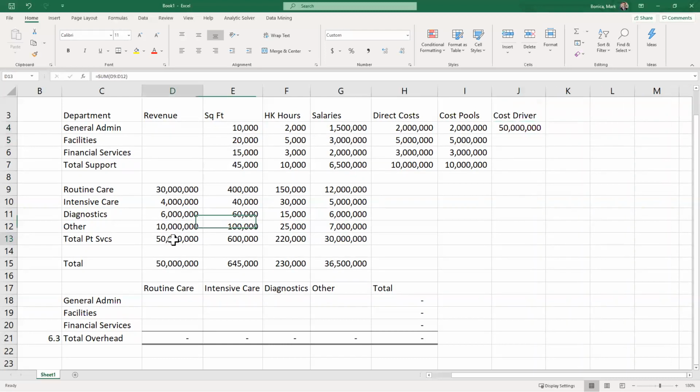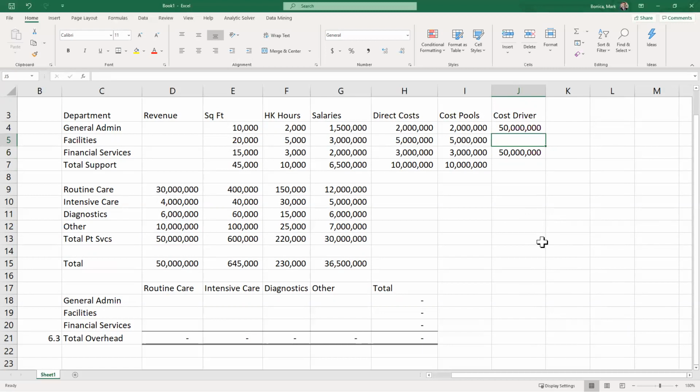I'm using all patient service revenue, the total of all of the revenues from all of the profit center departments, all of the supported departments, because this cost pool goes across all of the supported departments. Then financial services uses the same as general administration. So once again, I'm going to take the $50 million in revenues for the entire organization.